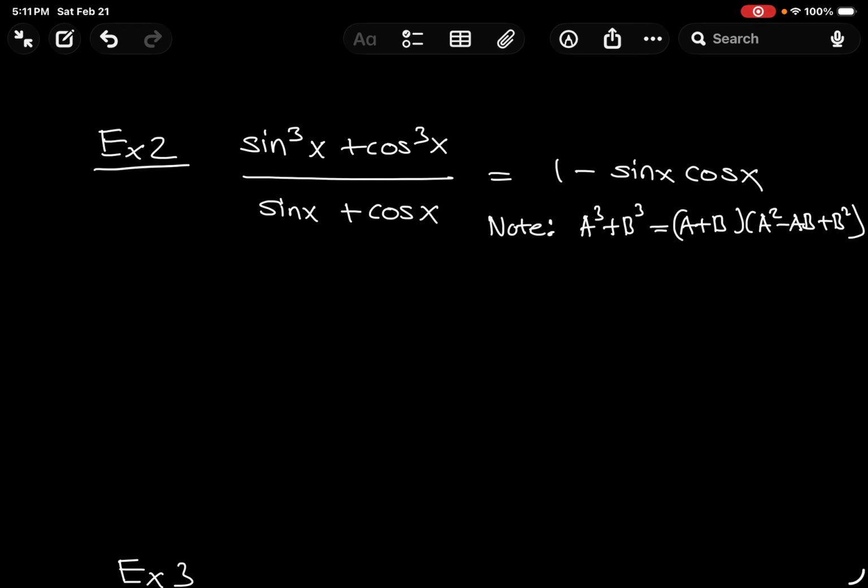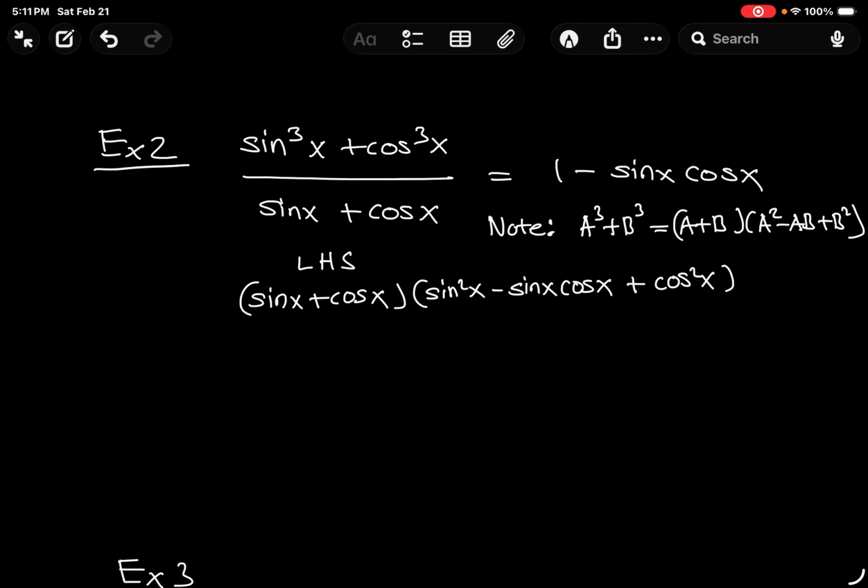Okay, so I kind of already gave away my tip here. I'm going to work on the left-hand side because it looks like I can do some factoring. So sine cubed x plus cosine cubed x, if I use this formula, A being sine x, B being cosine x, it would be sine x plus cosine x, and then it's sine squared x minus sine x cosine x, and then square the last term, so it would be cosine squared x.